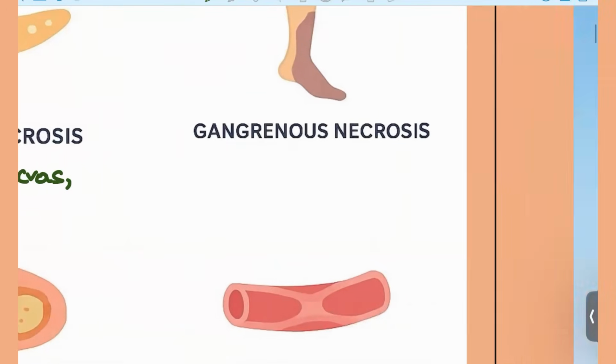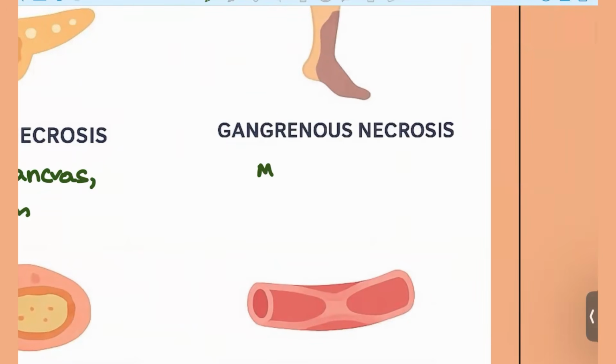Next, gangrenous necrosis. Gangrene is of two types, wet gangrene and dry gangrene, right? Wet gangrene is mostly due to infection. Dry gangrene is due to decreased blood supply.